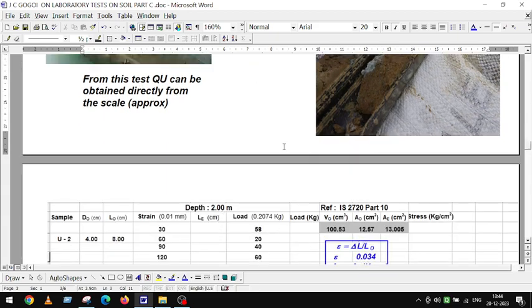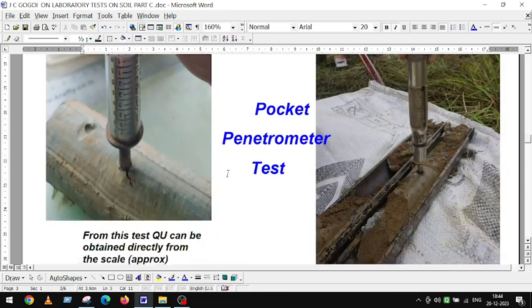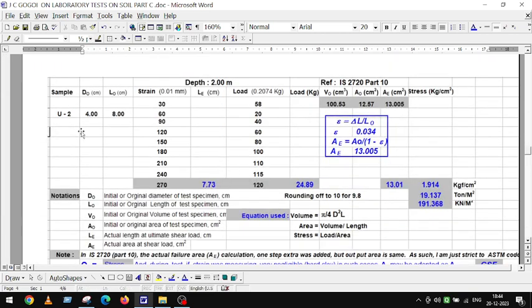As I discussed earlier, from this test, these values we are getting. Our diameter is 4 centimeter and length is 8 centimeter. Strain, we are measuring at 0, 30, 60, that is a 30 division interval.